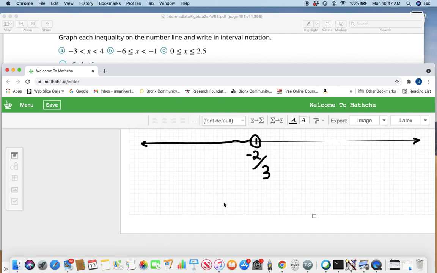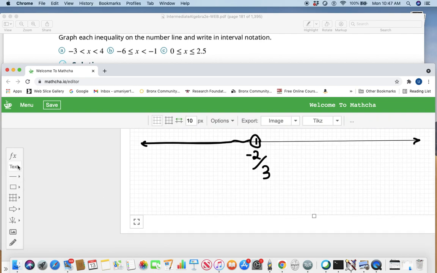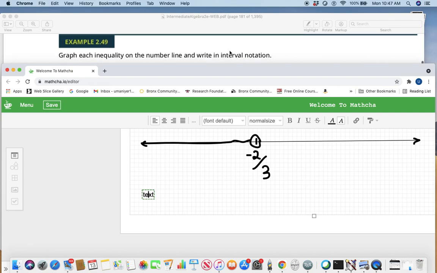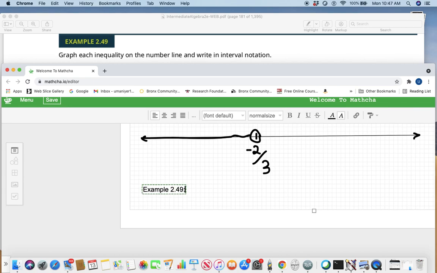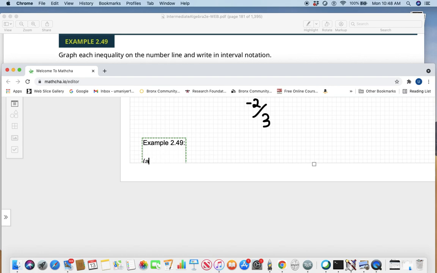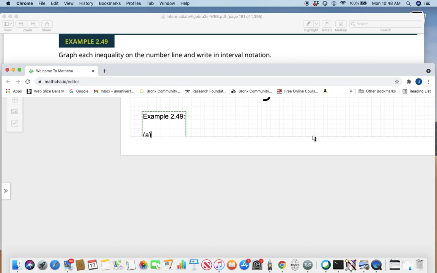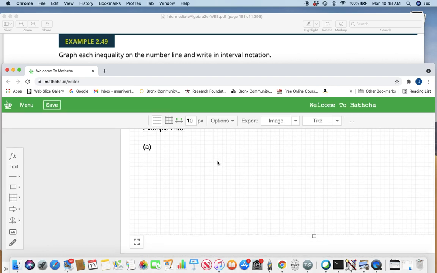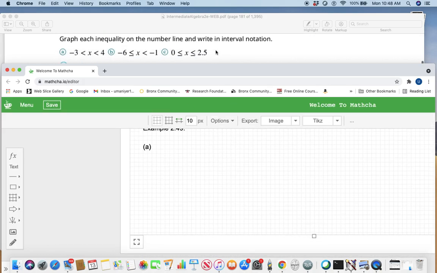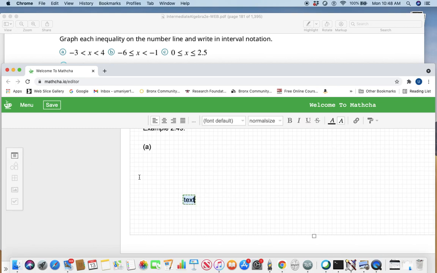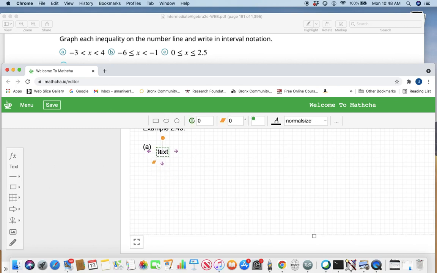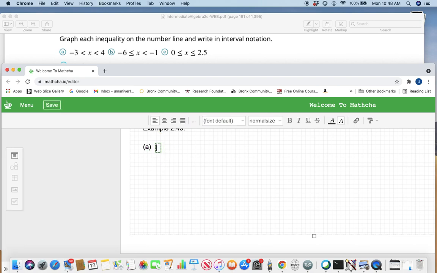Let's try example 2.49, the A part. Negative 3 less than x less than 4.